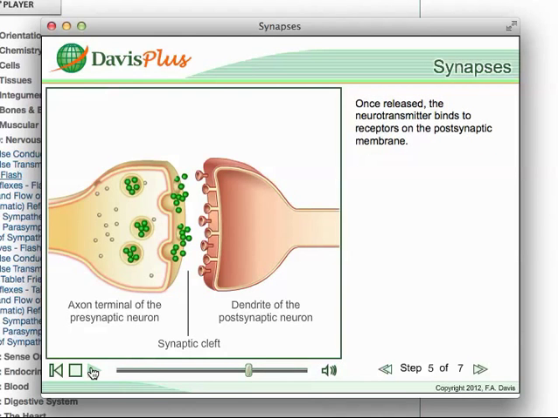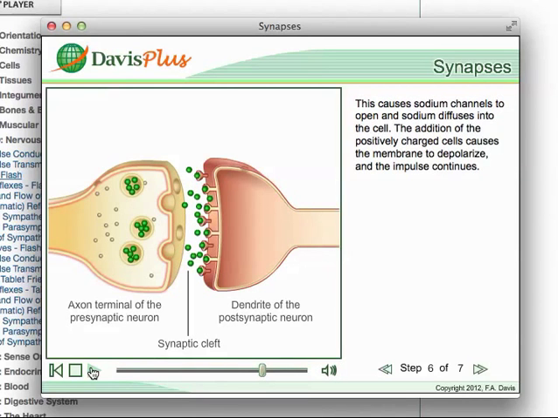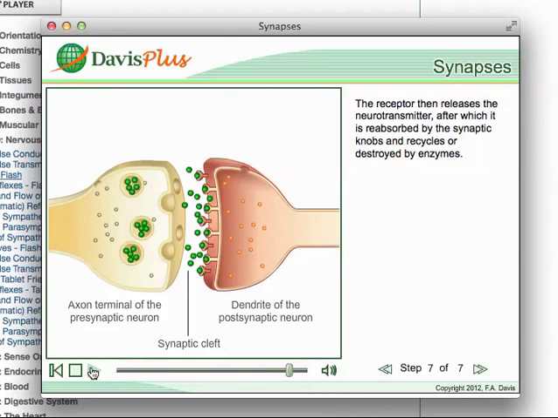Once released, the neurotransmitter binds to receptors on the postsynaptic membrane. This causes sodium channels to open and sodium diffuses into the cell. The addition of the positively charged ions causes the membrane to depolarize, and the impulse continues. The receptor then releases the neurotransmitter, after which it is reabsorbed by the synaptic knobs and recycled or destroyed by enzymes.